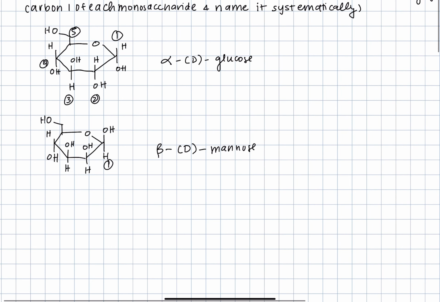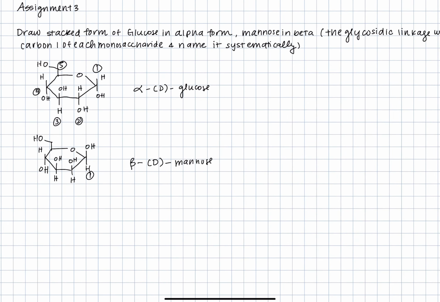All right, so now that we have both structures, we're just going to start forming the glycosidic linkage. But going back to the rules, if the sugars are aldose, they will have the name pyranose.